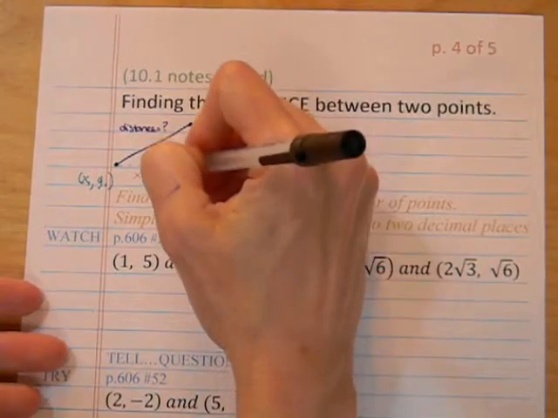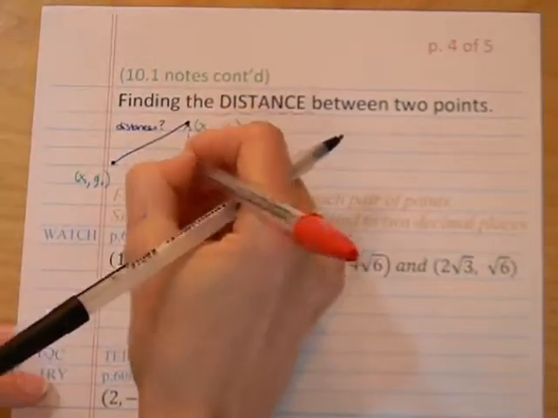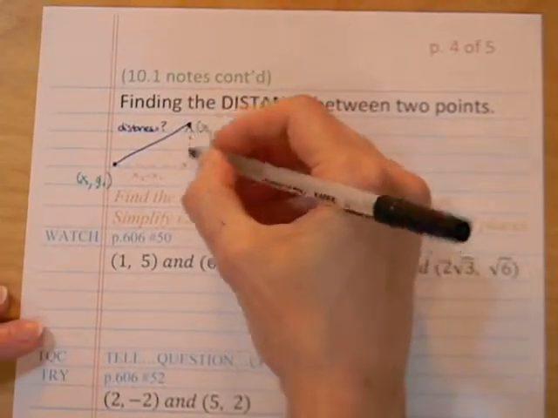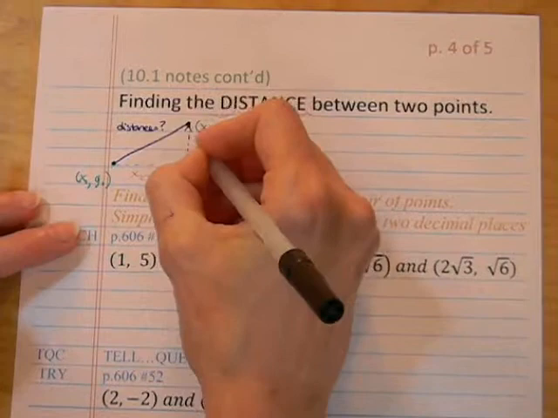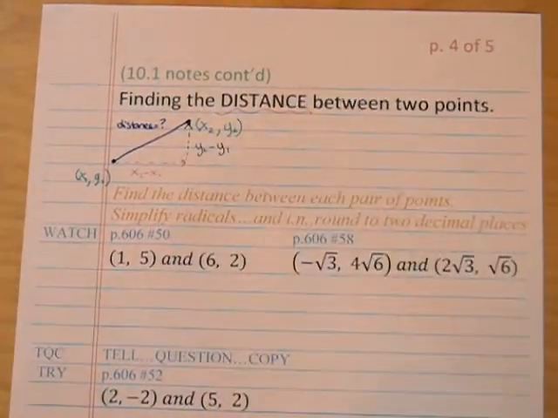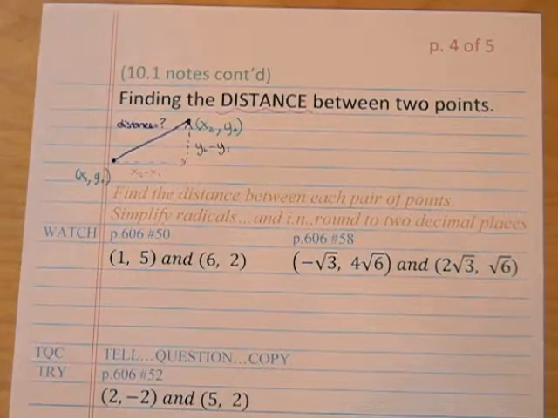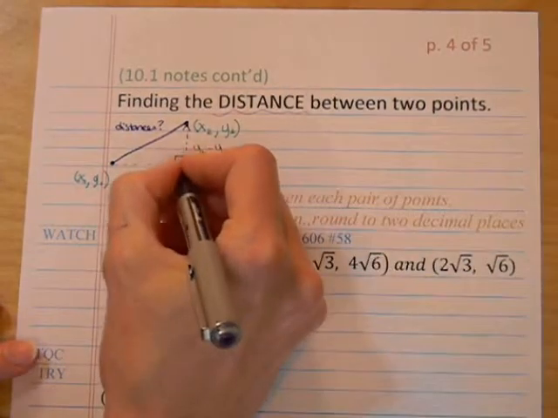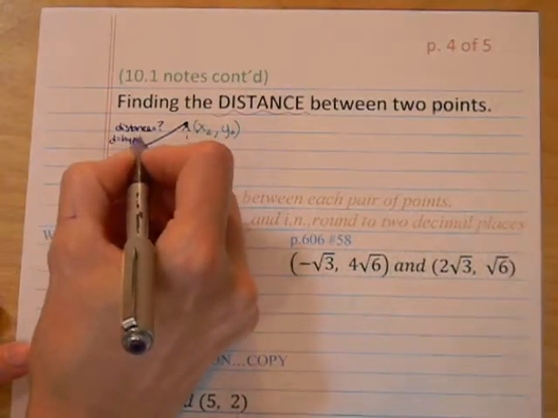And you would then go up to meet that next point, and that distance would be the difference between the y coordinates, y2 minus y1. And then once you have drawn that, what you're looking at is a right triangle, where the distance d is equal to the hypotenuse.